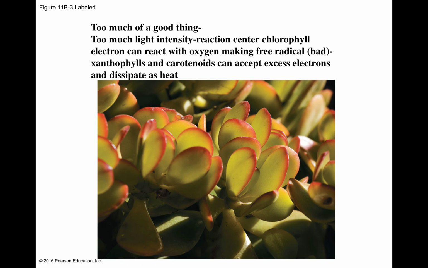So oxygen is around because it's made as a byproduct. And photosynthesis is chugging along at such a rate that that reaction center chlorophyll can make a free radical. And free radicals, you may have heard about them before. These are essentially molecules with an unpaired electron, and they will take that unpaired electron and grab an electron from anything that's next to it, including things you might not want, like your DNA, and mutate your DNA.